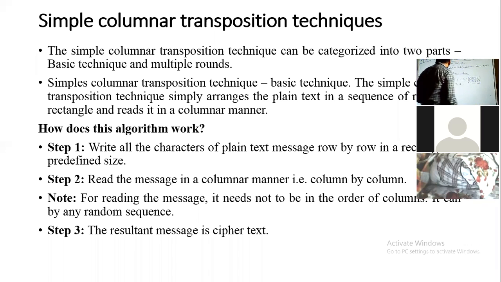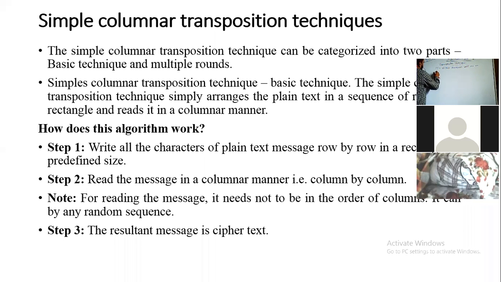Let us suppose an example. Let's take an example of the row transposition technique. We have the plain text: attack postponed until 2 a.m. This is our message, and we have a key.